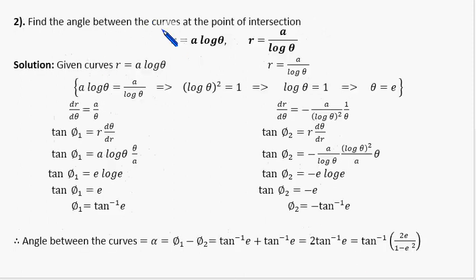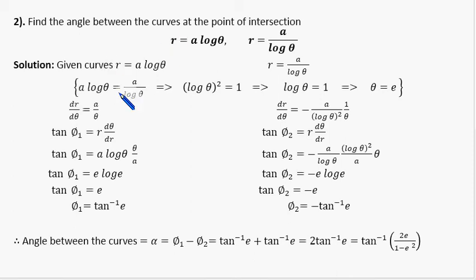Find the angle between the curves at the point of intersection. The first curve is r is equal to a into log theta. The second curve is r is equal to a by log theta. Given these curves, we can find the value of theta.